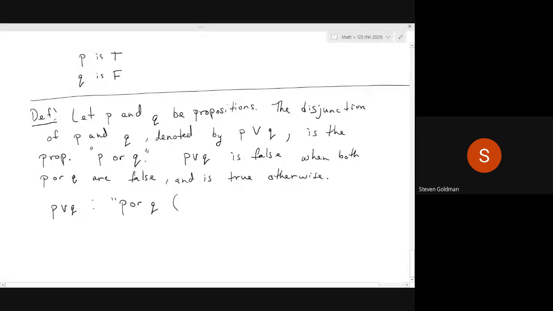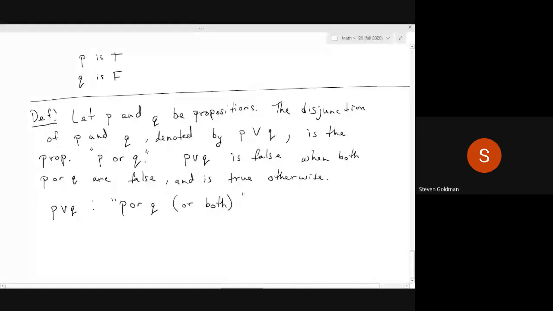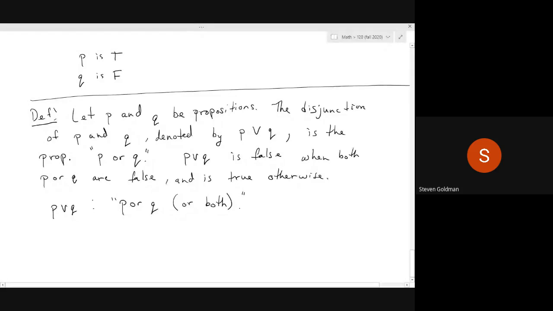It's really the sentence P or Q or both. I'll put that in parentheses there. It's just that the or both part is usually implied without actually being said. So the only time a disjunction will be false is when both P and Q are false. If at least one of them is true or both of them is true, then it's a true sentence.